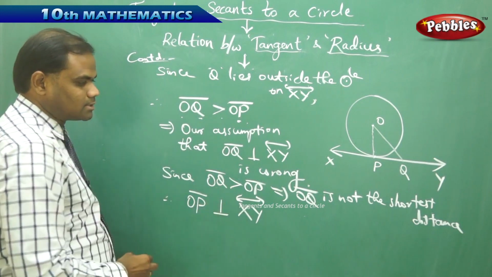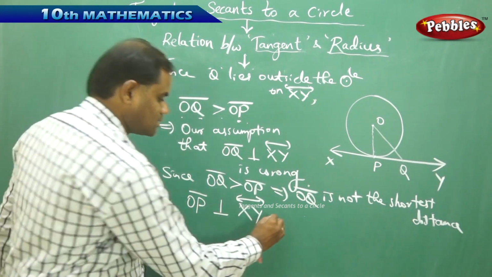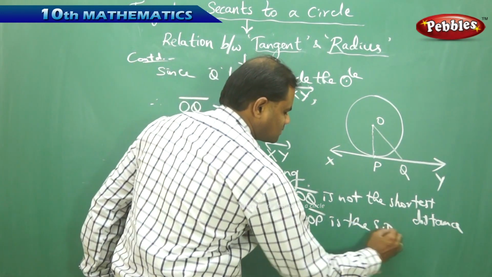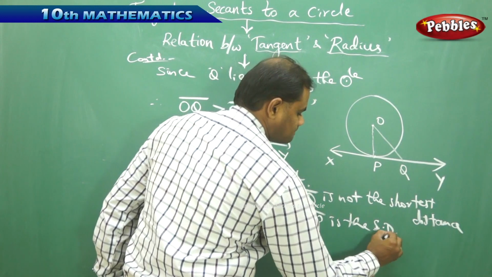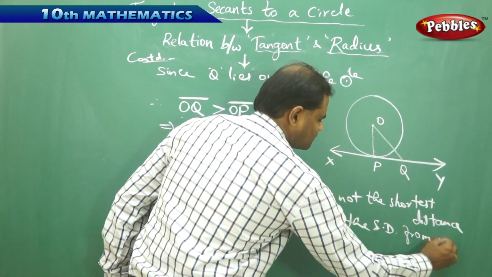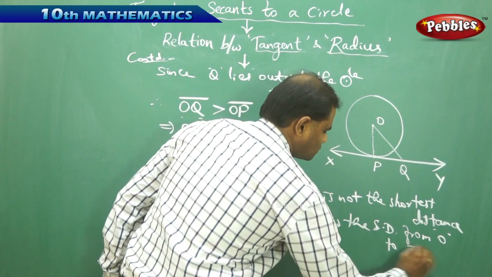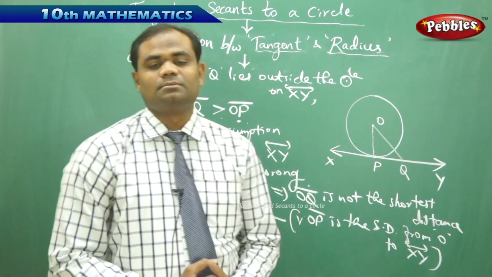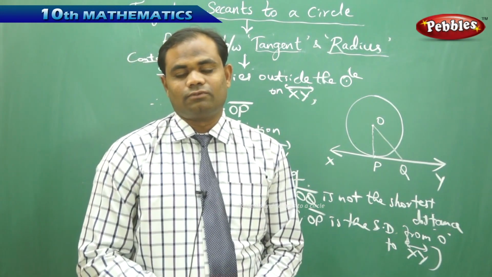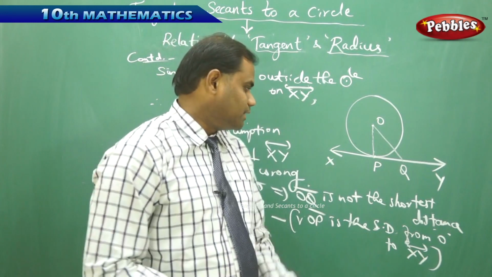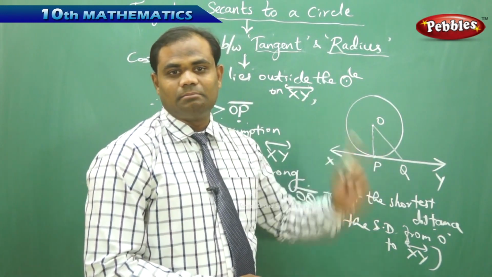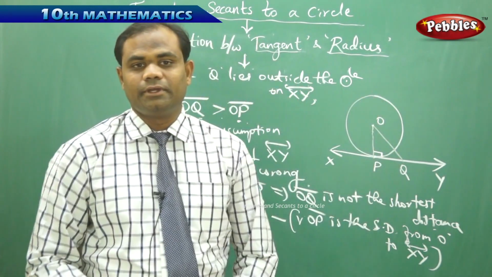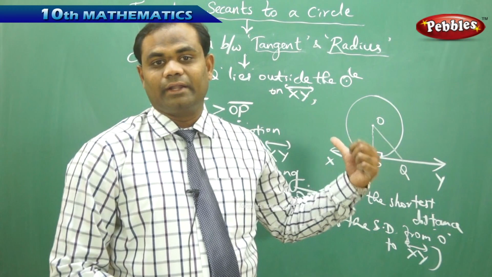Therefore, OP is the shortest distance from O to XY. So this proves that the radius is perpendicular to tangent. So for any circle with center O, the radius passing through the point of contact must be perpendicular to tangent. This is how we conclude the theorem, the proof by contradiction.